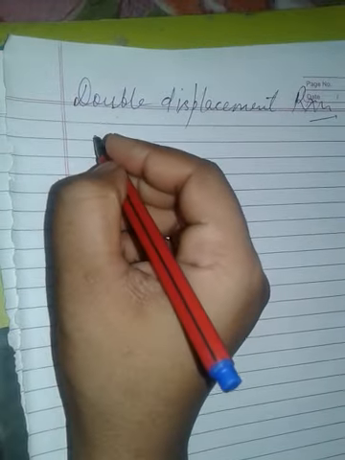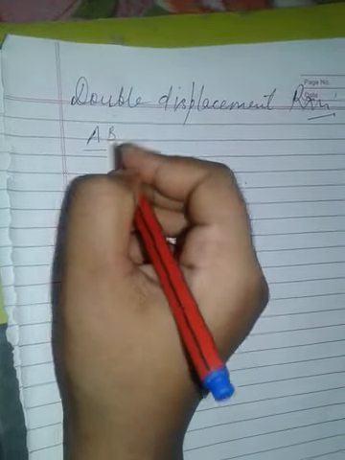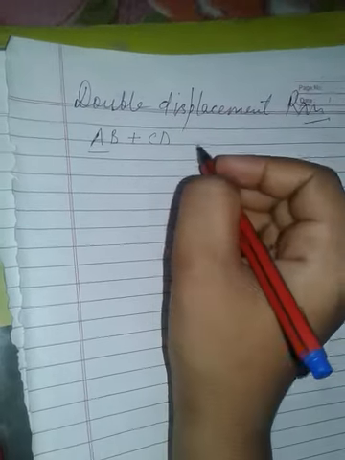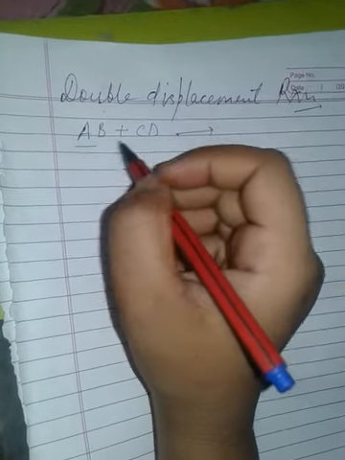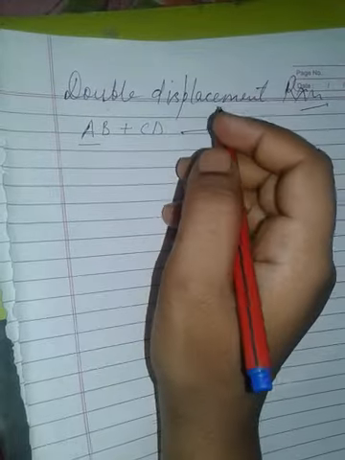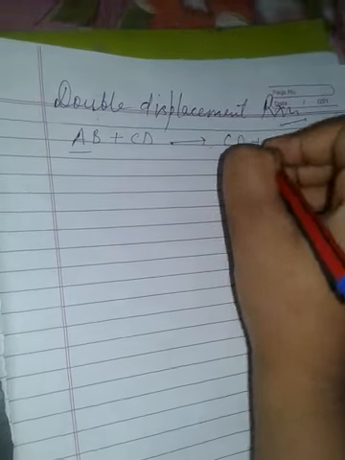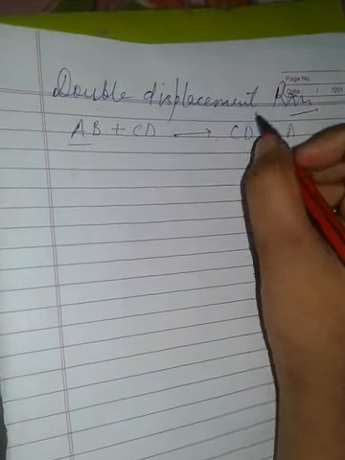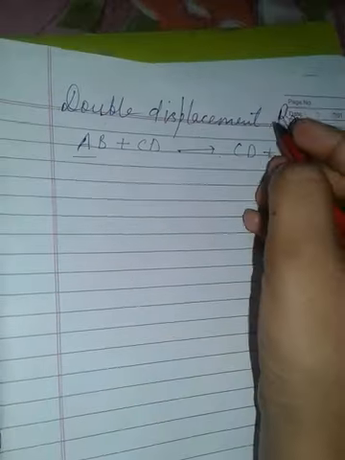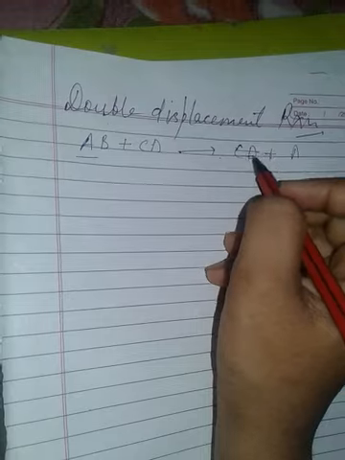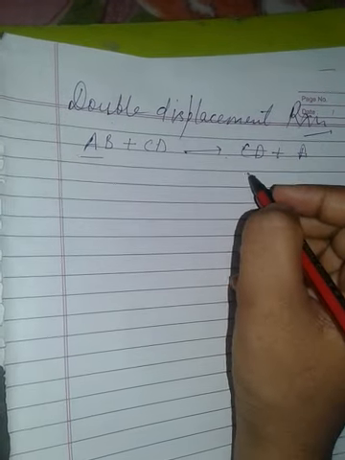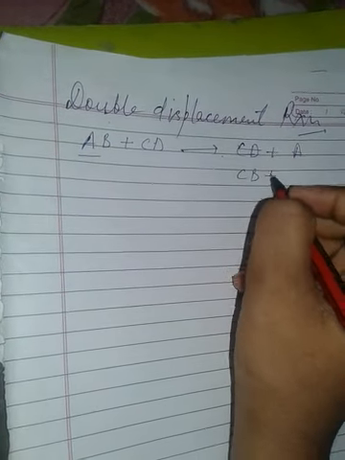To understand it better, I'm taking AB and CD. These are two reactants, reacting with each other. The product formed is CB plus AD. Suppose this is the product formed.